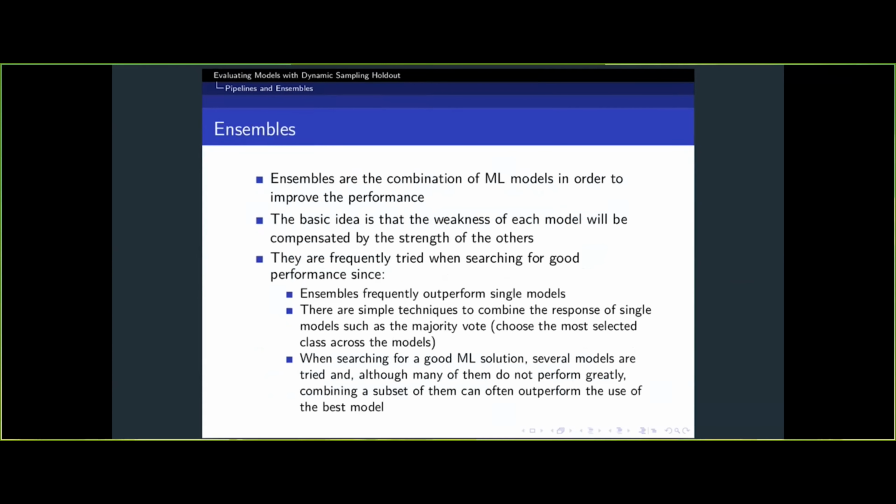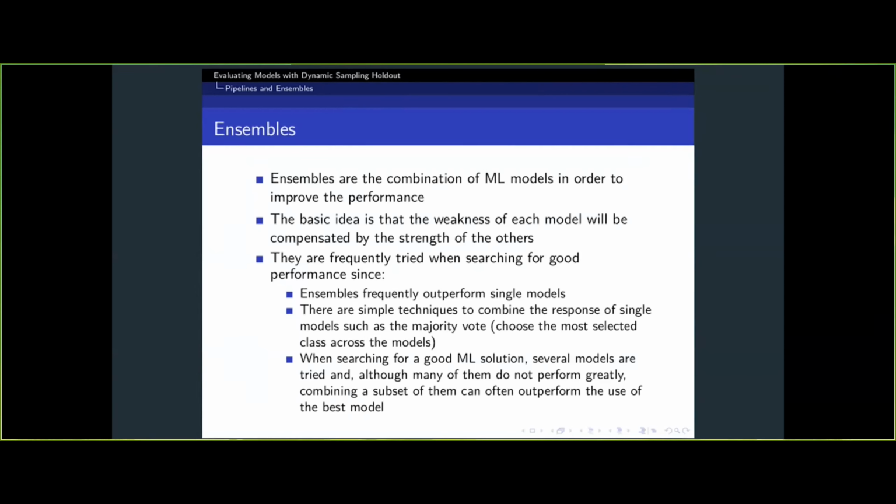Now I'm talking about ensembles. Ensembles are the combination of single machine learning models to boost the model performance. The basic idea here is that when we combine the models, the weakness of each one is compensated by the strength of the others. So something like the wisdom of the crowds, okay?